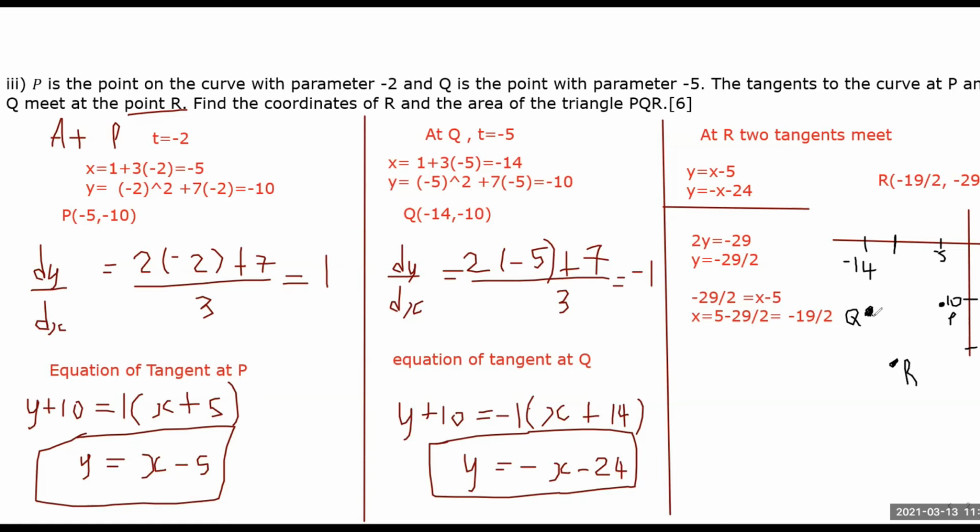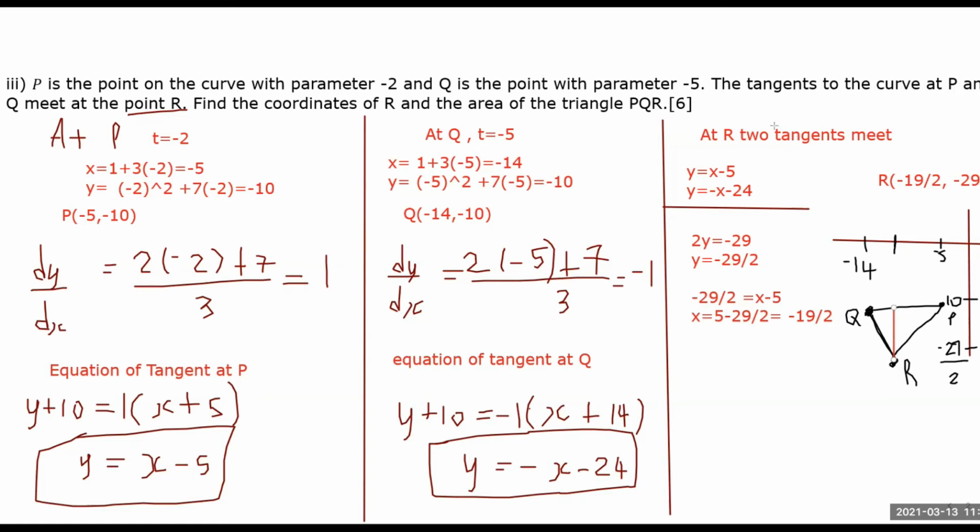So we have a triangle that looks something like this, and we want to find the area of this triangle. Now, we can just use half base times height. Remember, this is -29/2. In order to find the height of the triangle, look at this. From here to here is the height.